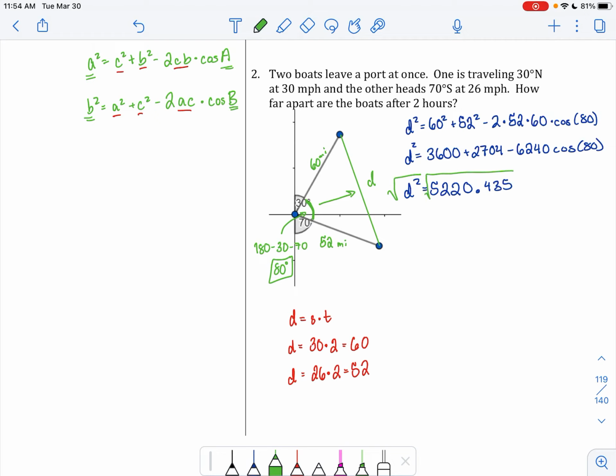Take the square root. Make sure that you remember that. That's the one I see students forget to do. And this isn't a logically big number because this is 60 away and this is 52 miles away. So that they're going to be 5,000 apart would hopefully register in some corner of your brain as, that seems weirdly big. So then the distance between the two is 72.253 miles. So there you go.